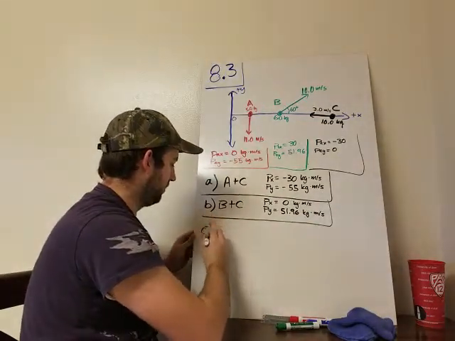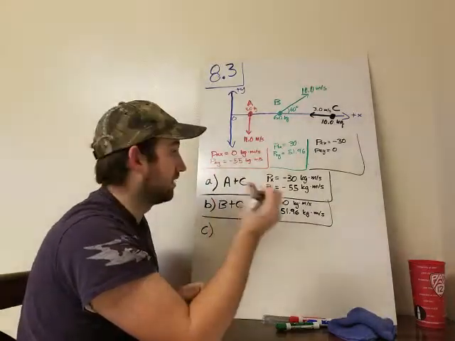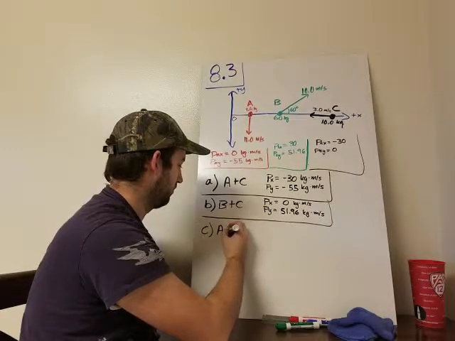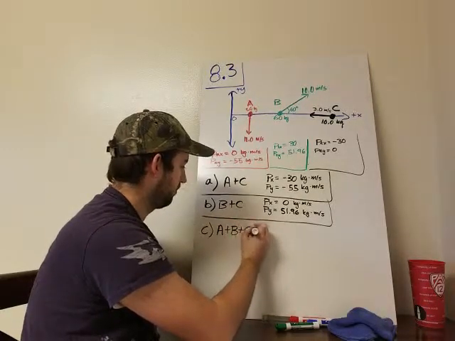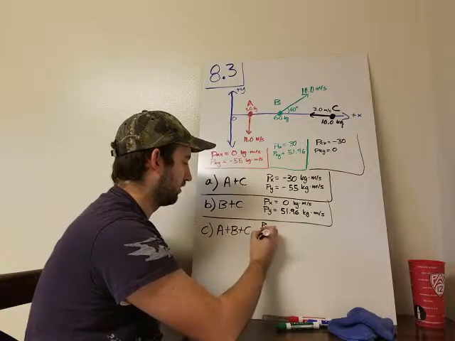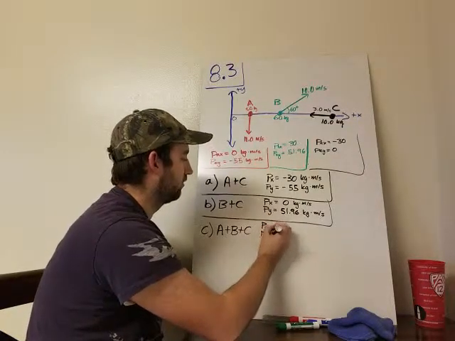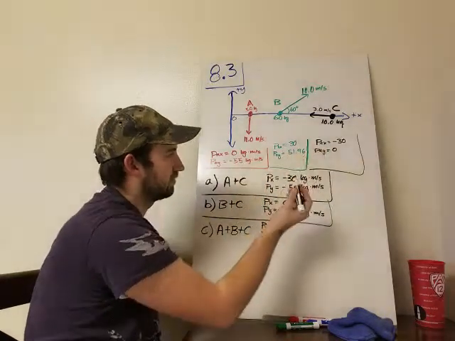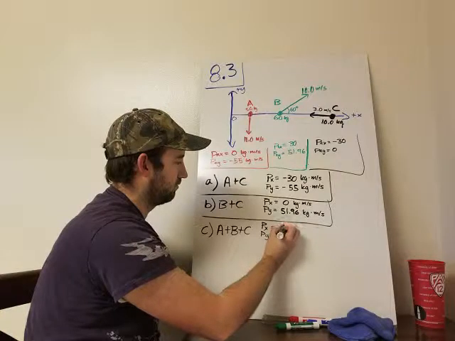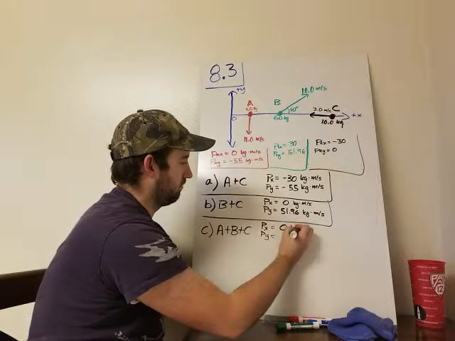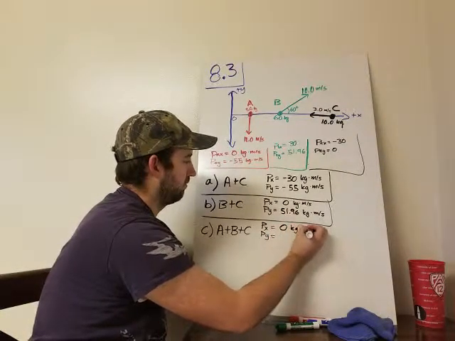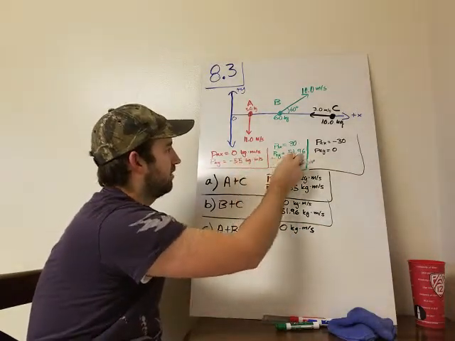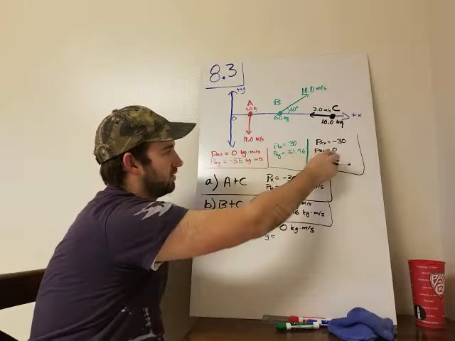Now part C, it wants all three. So A, B, and C. So we'll say P x and P y. The net momentum of x is going to be 0 plus 30 plus negative 30. So that's just going to be 0. Py is going to be negative 55 plus 51.96 plus 0.